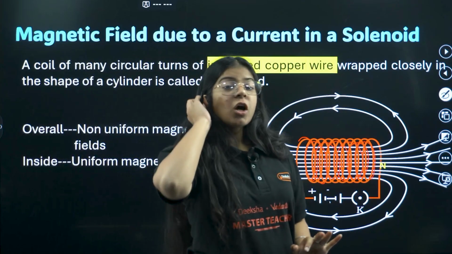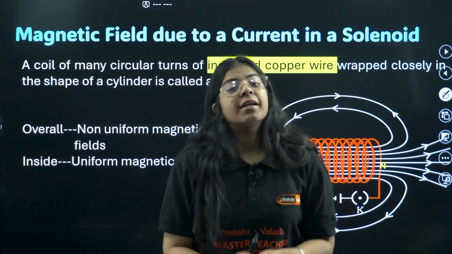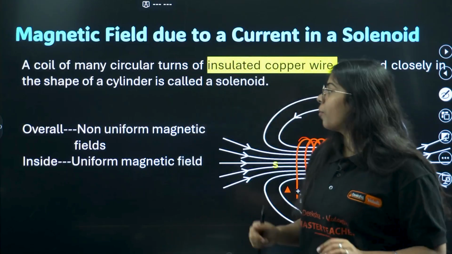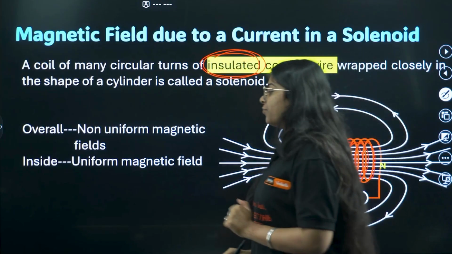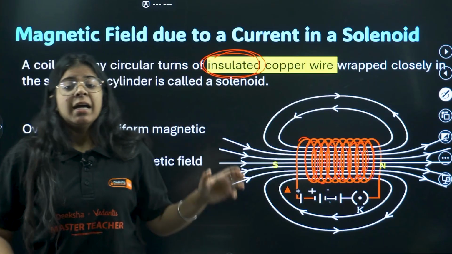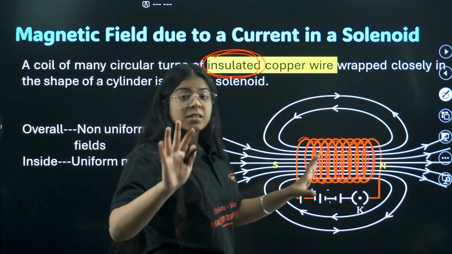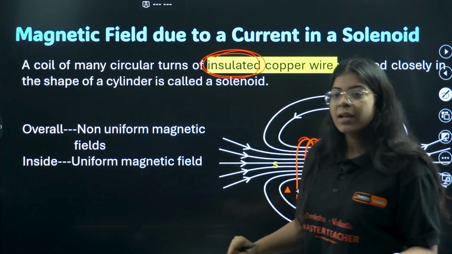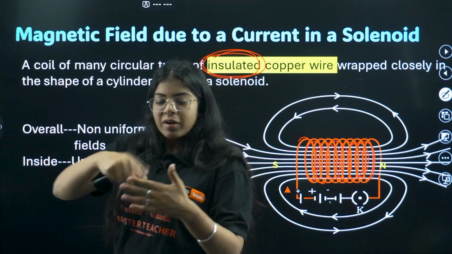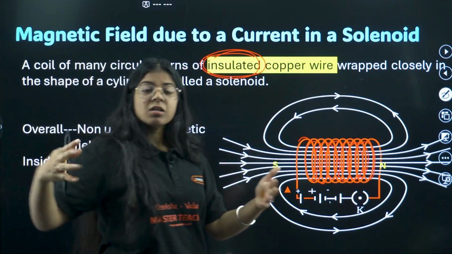Not just a copper wire, insulated. This is a very important keyword of this concept: a coil of many circular turns of insulated copper wire wrapped closely.